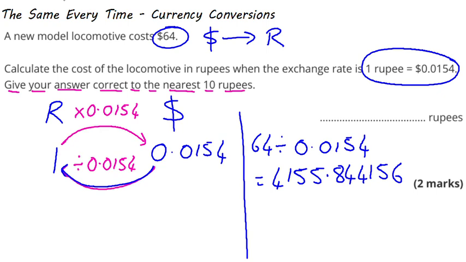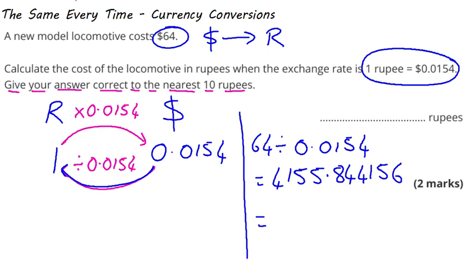Whenever you do this kind of question, or any question involving money, always go back and read the question when you've finished, because they do sometimes tell you to round to a certain accuracy, and if you don't do that, you're not getting the marks. So I've written down my full calculator answer to show that I can actually do this, and now I need to round to the nearest 10 rupees.